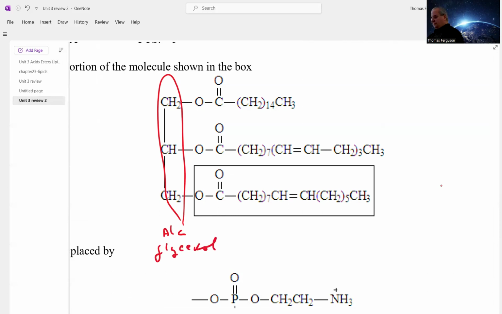This happens to be glycerol. And these are what? 3 fatty acids.